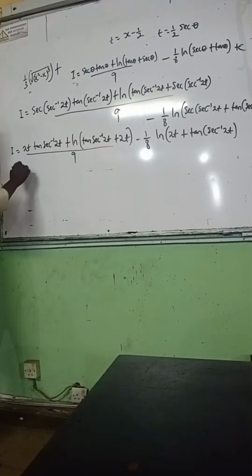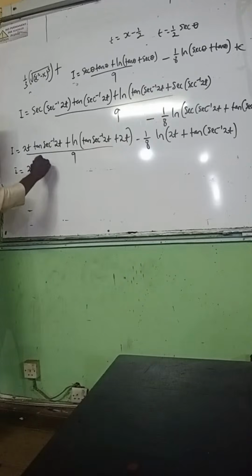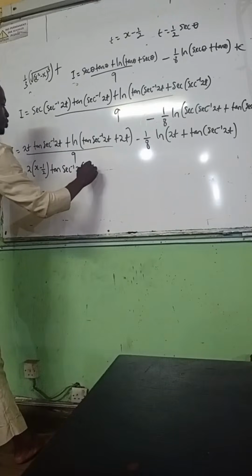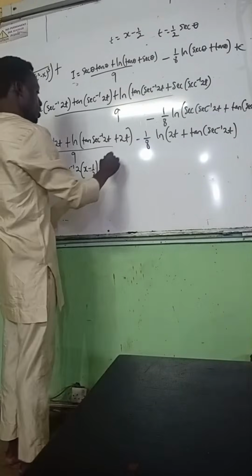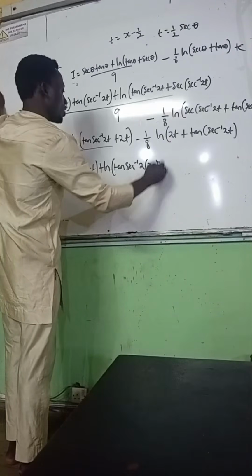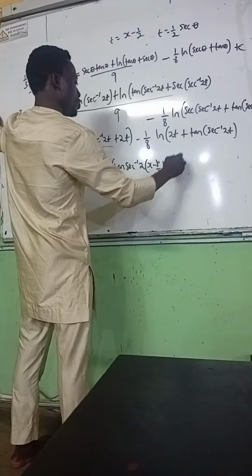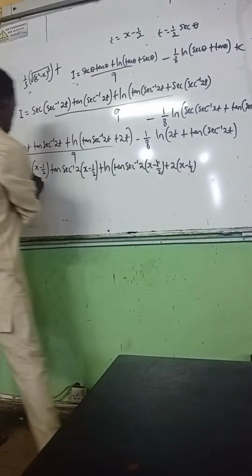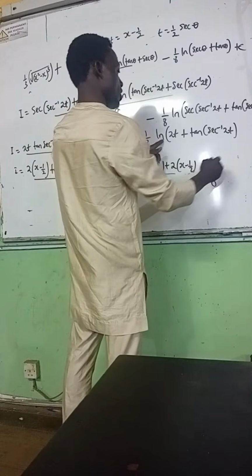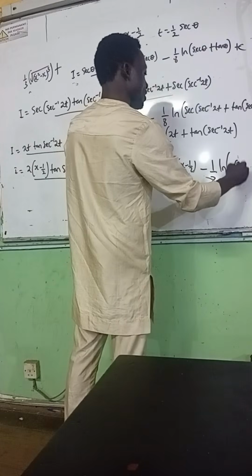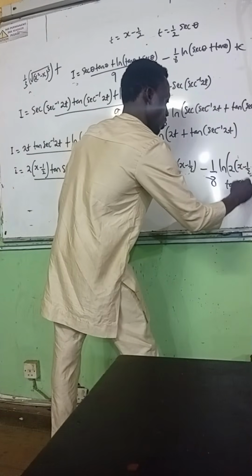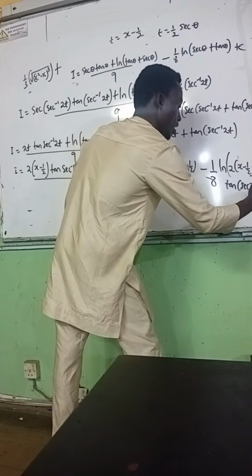So our I now equals 2 times x minus 1 over 2, times tan sec inverse of 2 times x minus 1 over 2, plus ln tan sec inverse of 2 times x minus 1 over 2 plus 2 times x minus 1 over 2, divided by 9, minus 1 over 8 ln 2 times x minus 1 over 2 plus tan sec inverse of 2 times x minus 1 over 2.